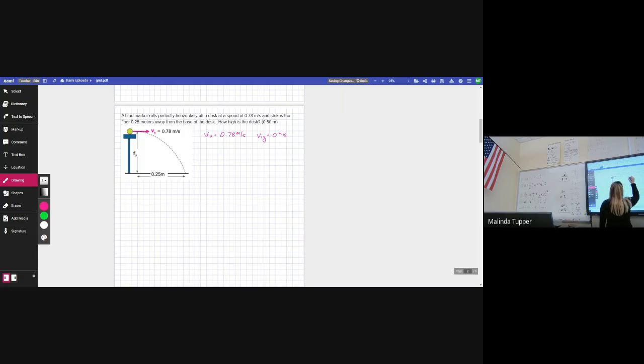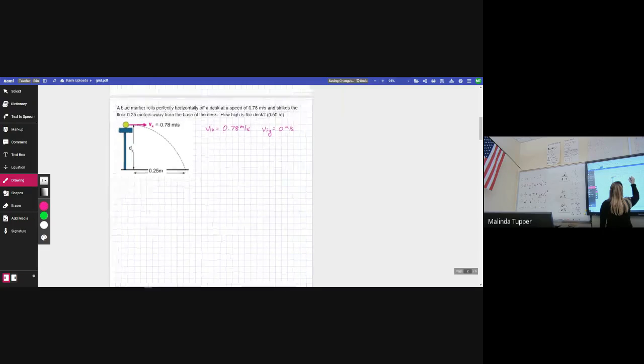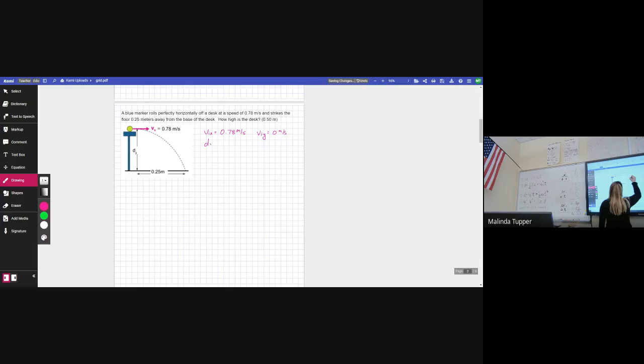My distance in the horizontal direction is 0.25 meters. My distance in the vertical direction, I don't know. That's actually what I'm trying to find. My acceleration in the horizontal direction is 0. That's always true for every projectile. My acceleration in the vertical direction is negative 9.8.